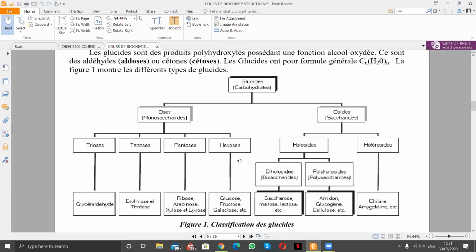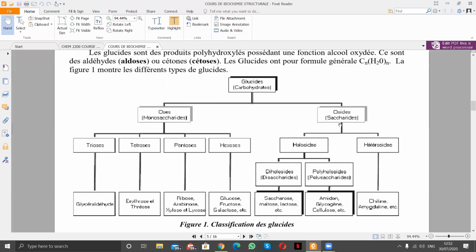Then I come back to this. I said this one is made up of one unit, as mono means one. It is, in short, the basic unit of carbohydrates. These are simple carbohydrates, this side.